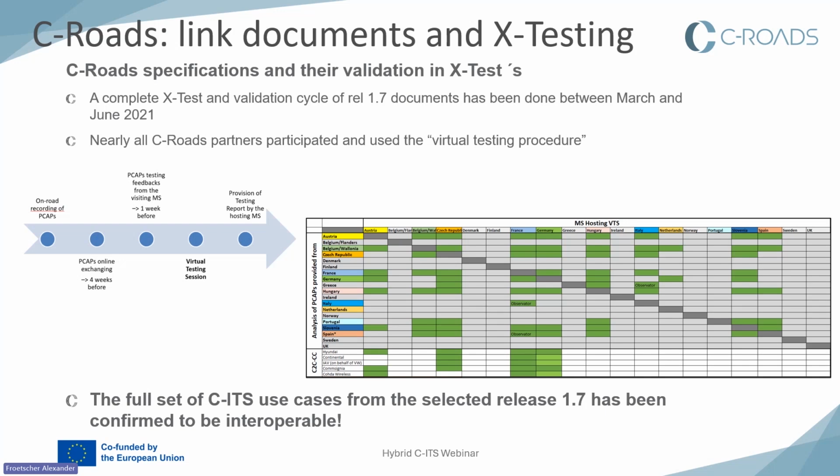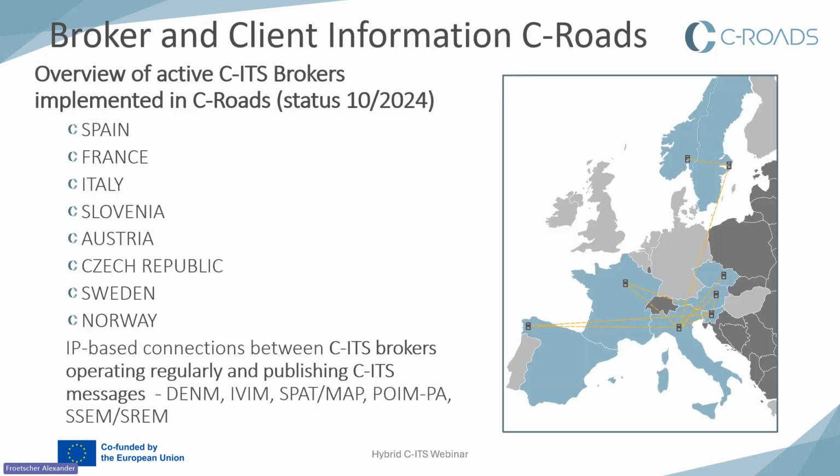Don't be afraid of the large table you see in front of you. This is only the test matrix we used in our first cross-testing, with the result in 2021 that this full message set was confirmed to be interoperable in the European implementations. Now, where are these brokers available in Europe, and which were used at the time of this cross-border testing?